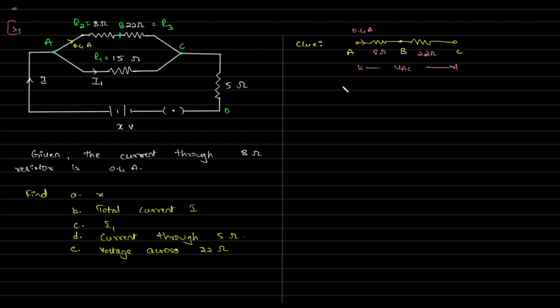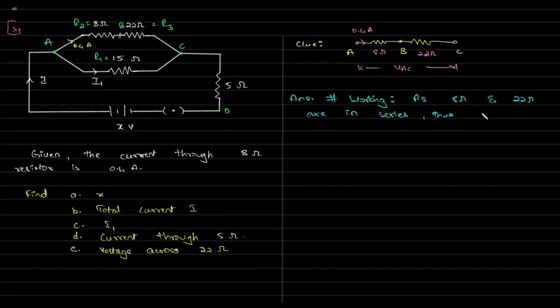Okay. So if you're not able to find it, pause this. Let me explain. So first things first, I'm not going to write the given, too many things. I'll directly start with the working. So I would like to make a general statement regarding the current through both of these. As 8 ohm and 22 ohm are in series, actually, I could have written R1, R2 and R3 anyways.